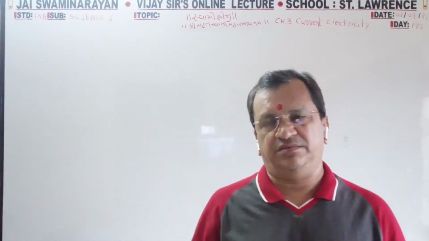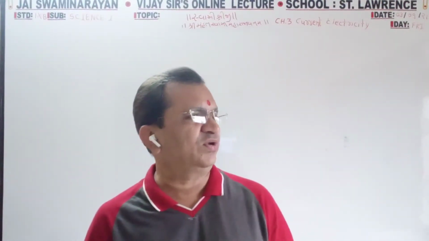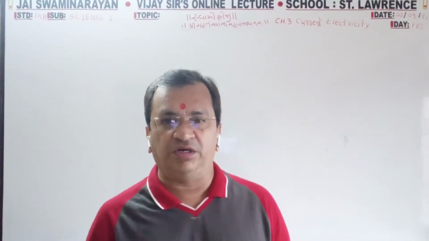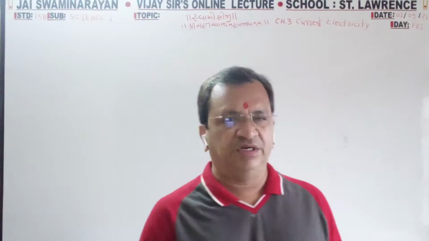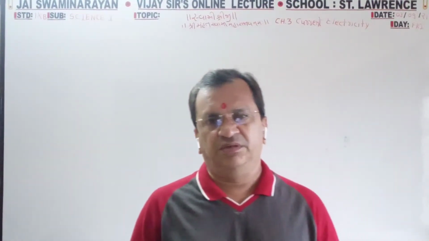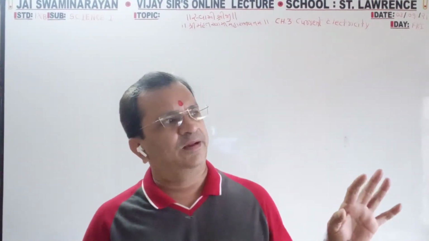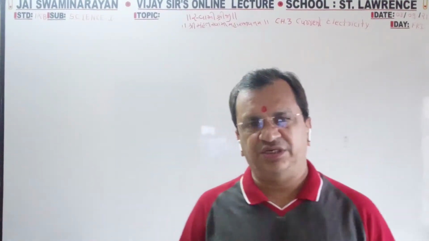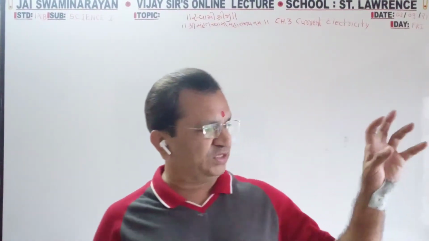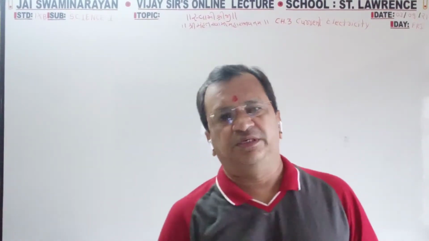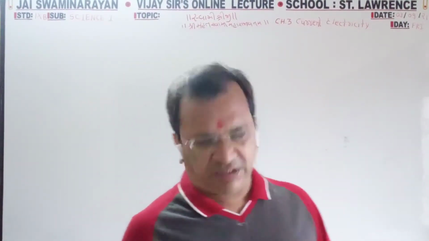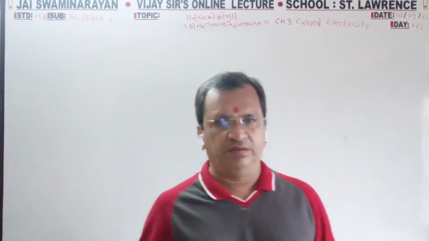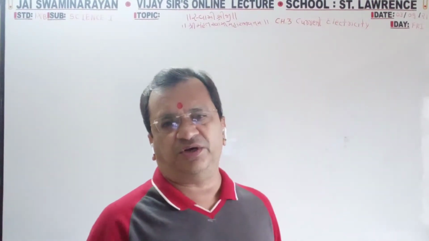And power of electric current we measure in watt. Watt is the unit of power, volt is the unit of voltage, ampere is the unit of current, and ohm is the unit of resistance.